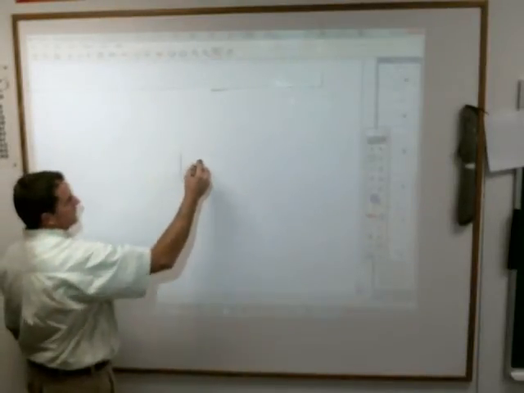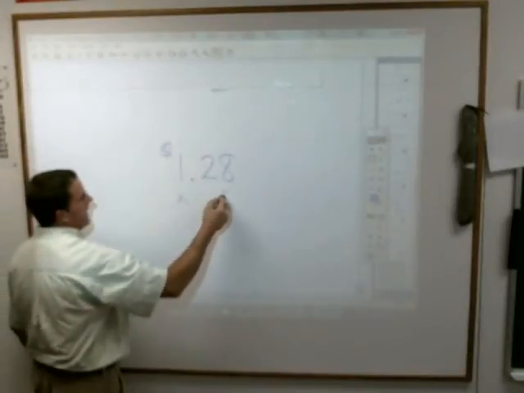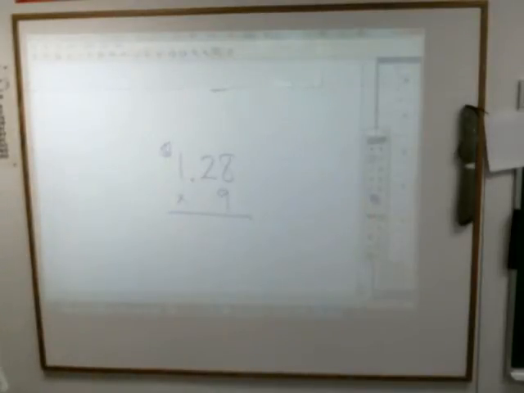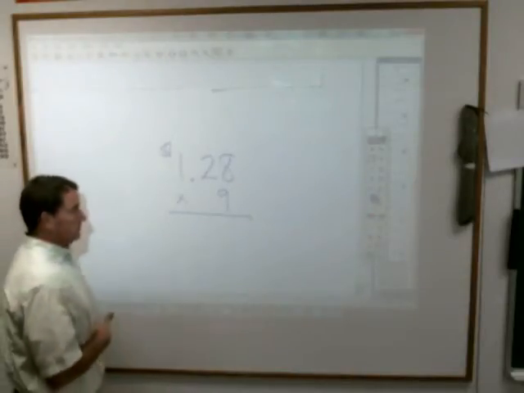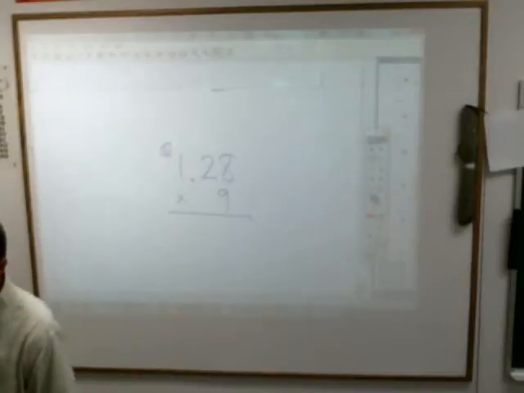And then the other thing I would caution you on is this. If you're given something like $1.28 times 9, make sure that your answer is in dollars and cents as well. Because if you just write down the digits and don't put the dollar sign and the decimal point in there for cents, it's going to be wrong on the quizzes. Obviously, it's up to you if you mark it wrong in your homework, but go ahead and do that problem.